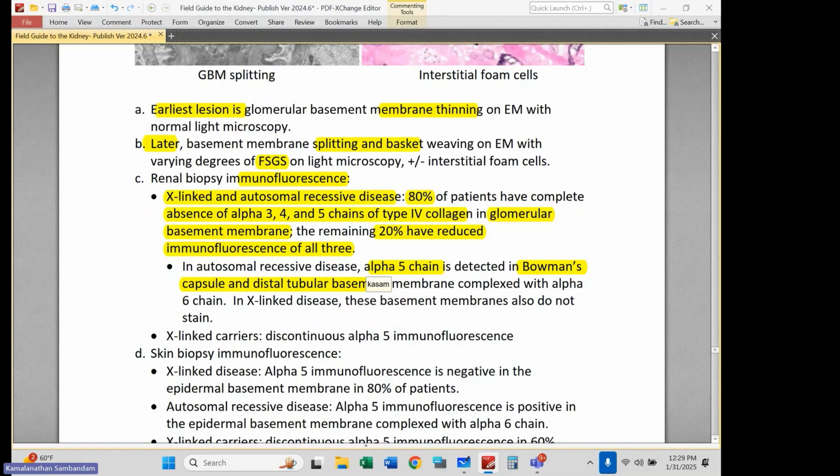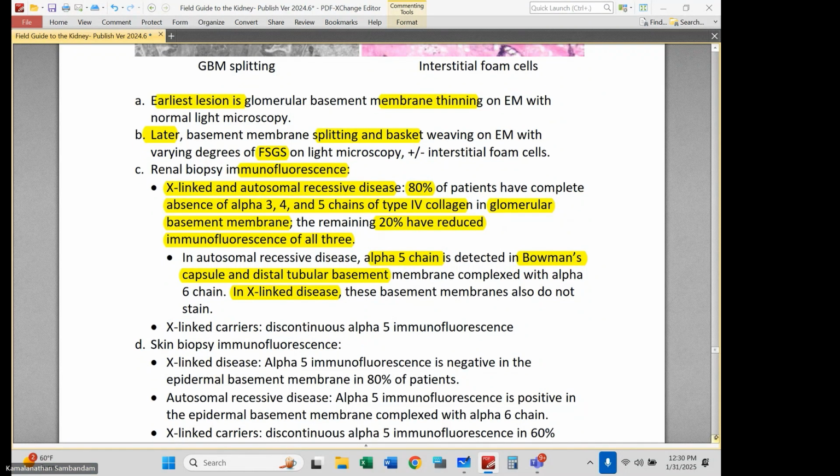Because alpha-5 is there with 6. Everybody get that? If I have a mutation in the alpha-5 chain, I of course don't see that. I see negative alpha-5 staining in the GBM, no alpha-5 staining in Bowman's capsule, and no alpha-5 staining in the distal tubule.